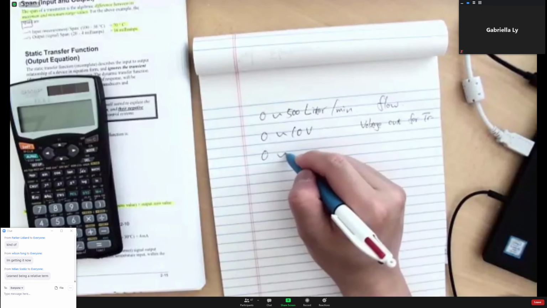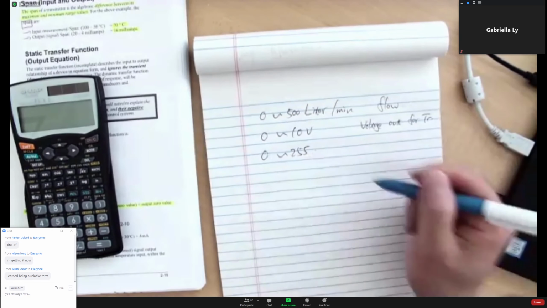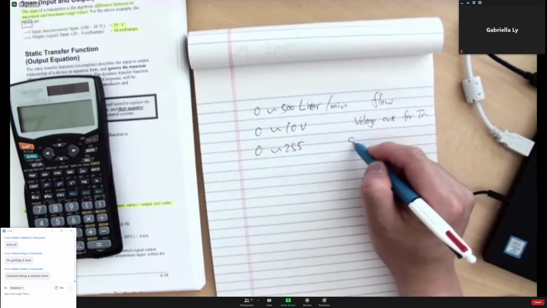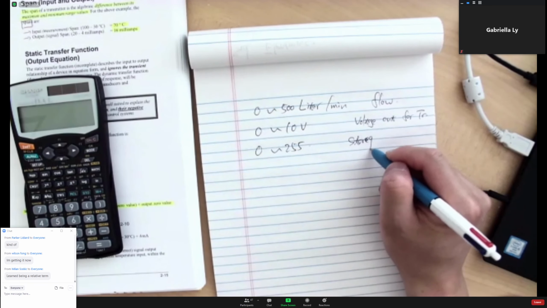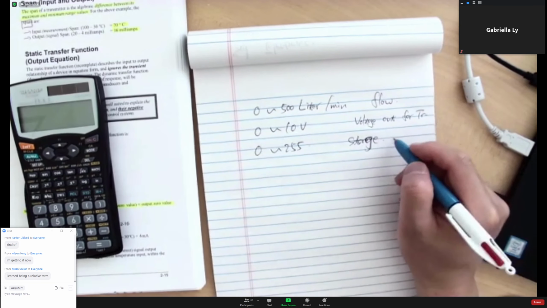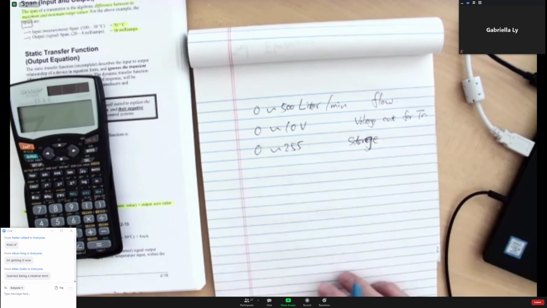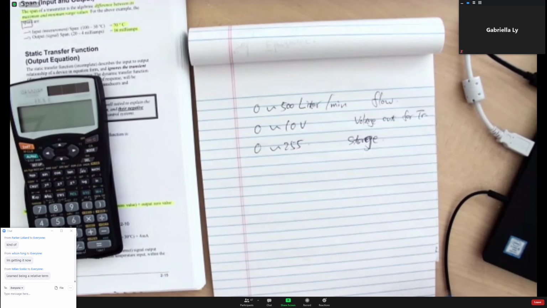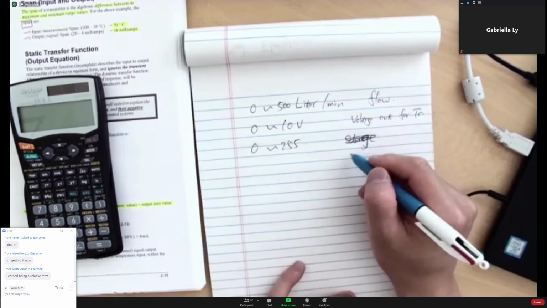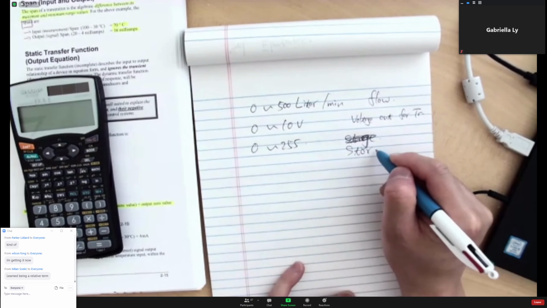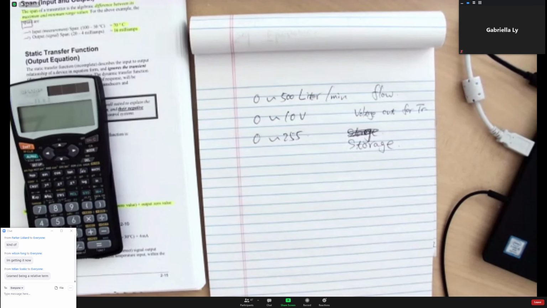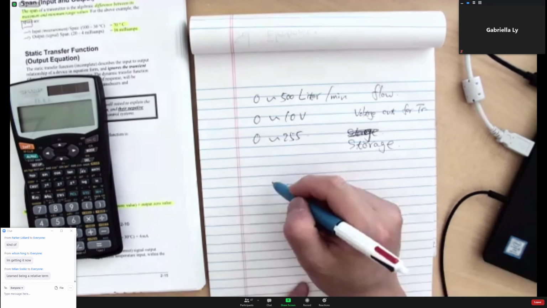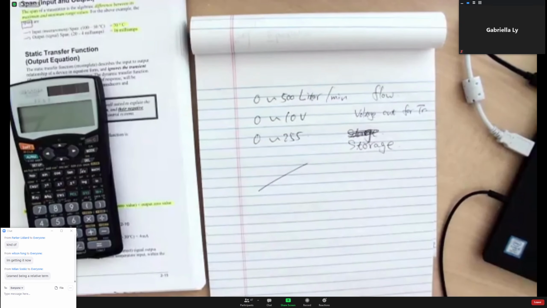And the 0 to 255, you can consider this your storage. Storage, yeah, I think that's the right spelling. So those are all linear relationships.